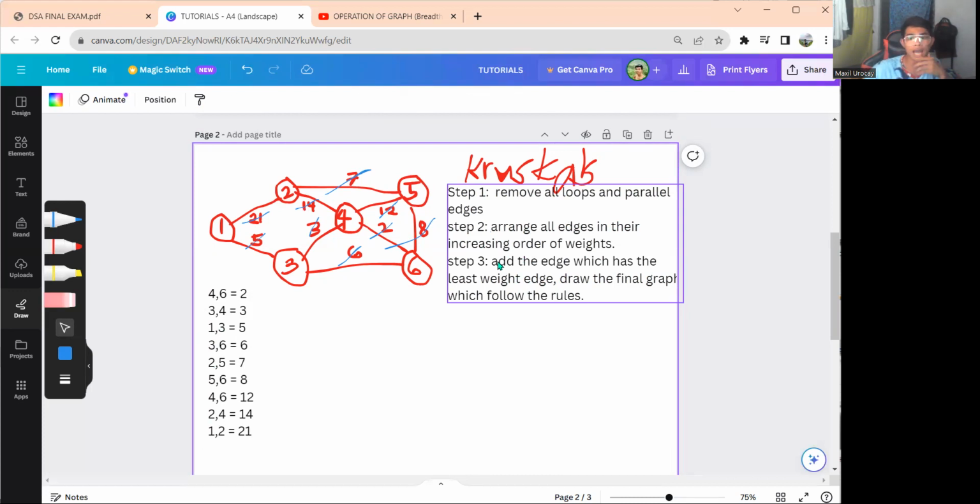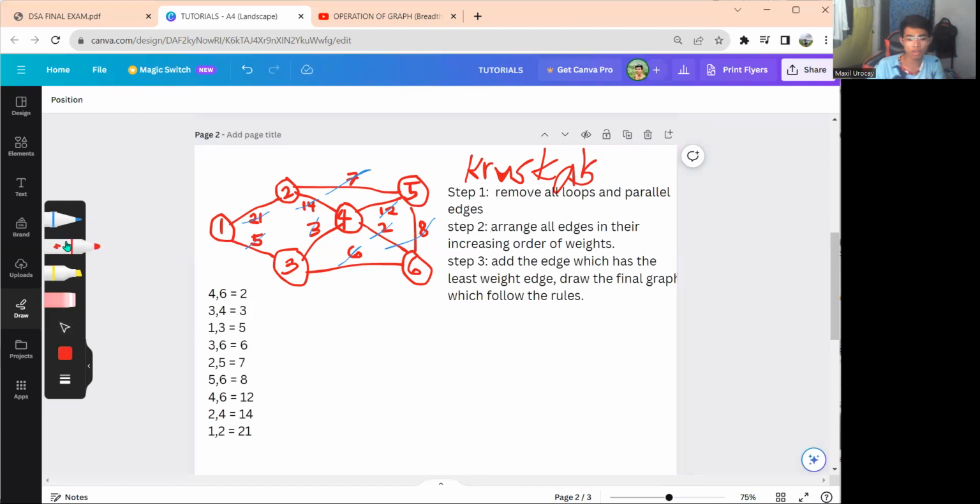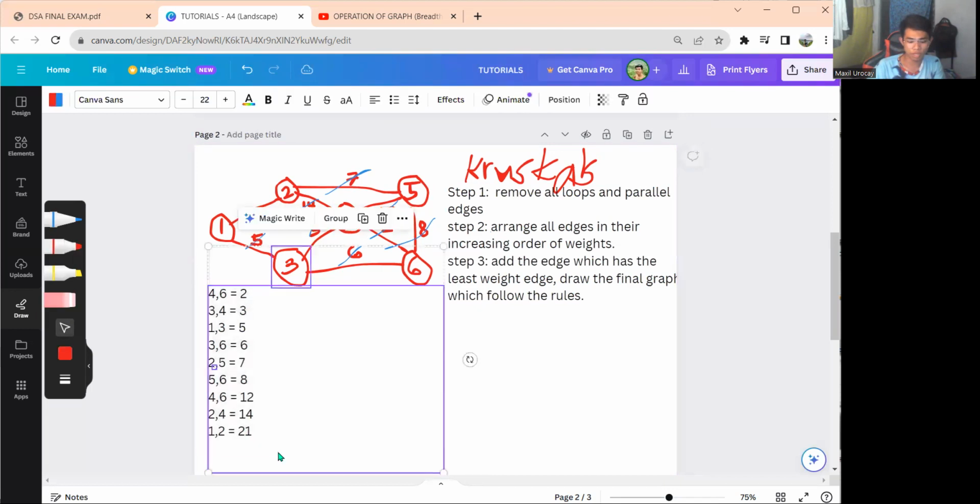Then afterwards, you go with step 3, where you draw the final graph, following the rules. What I want you to show in step 3 is you check those values that you used and showed.